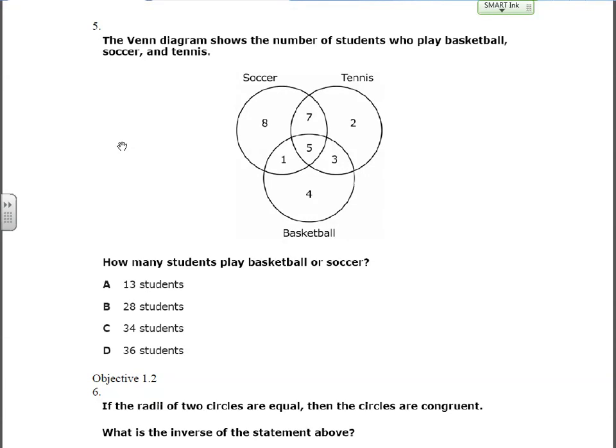So as Linnea said, there are 2 people that play only tennis because that 2 is in a circle by itself. There are 7 people that play tennis and soccer because that 7 is part of both the tennis and the soccer circle. And there are 5 people that play all 3 because that 5 is a part of all 3 circles. Okay, so a question that you might get from this year, how many students play basketball or soccer?